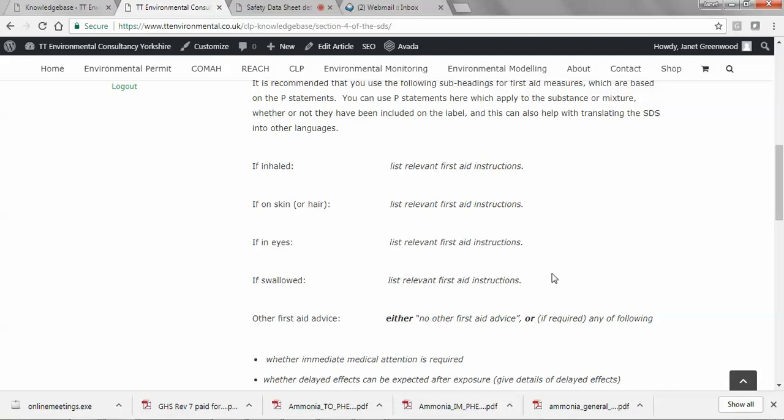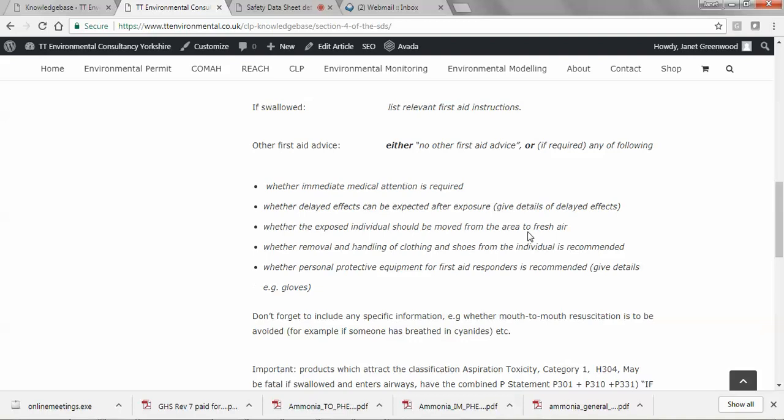Just omit it if there are no inhalation risks. Don't imply that if on skin or hair you must wash it all off, if it's a product that is designed to come into contact with skin or is not irritant in any way. So don't have a series of instructions that you put there, even if it's a non-hazardous product, that might imply that the product is more hazardous than originally thought.